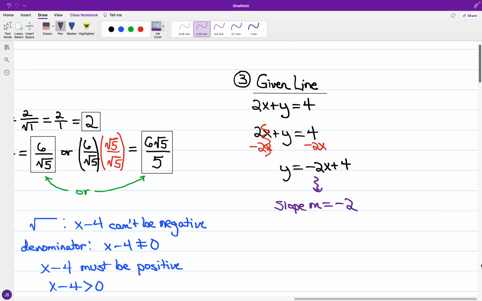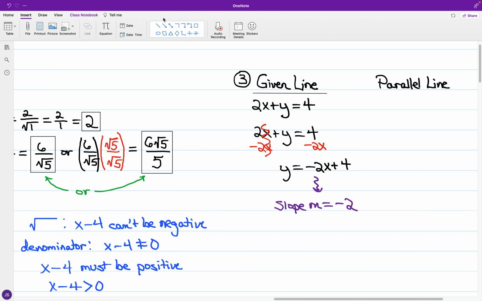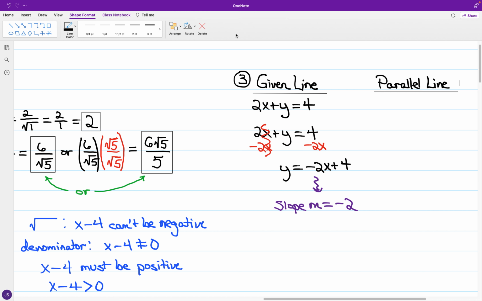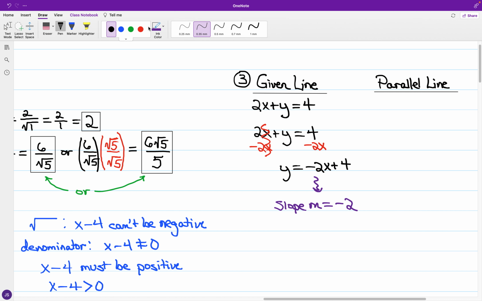Now looking for the equation of the parallel line in the slope-intercept form, again, parallel lines are going to have the same slope.